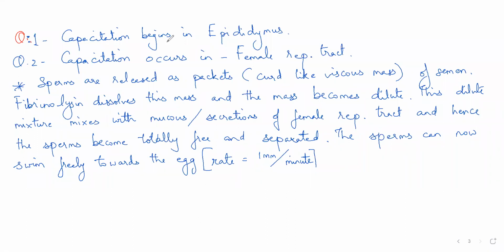Sorry, it's 1 centimeter. In 1 minute, it travels 1 centimeter. The sperms can now swim freely towards the egg at the rate of 1 centimeter per minute. The motion is wriggling motion. Sperm के movement को हम क्या बोलते हैं? Wriggling.